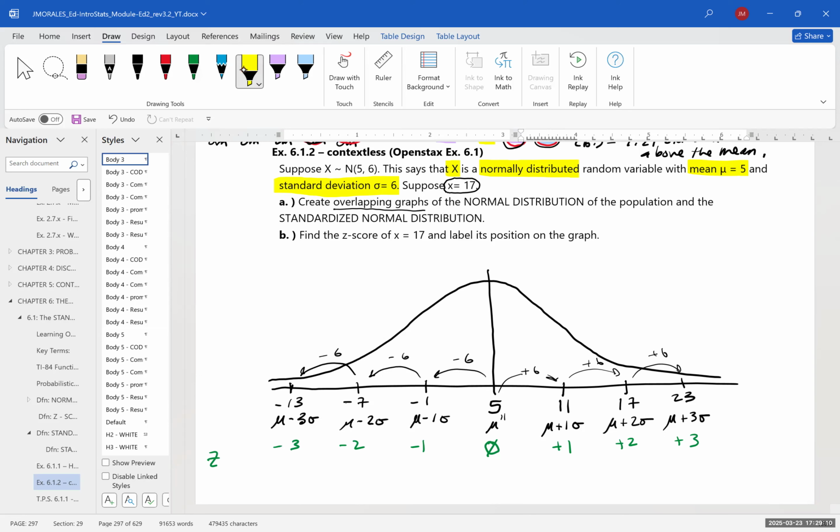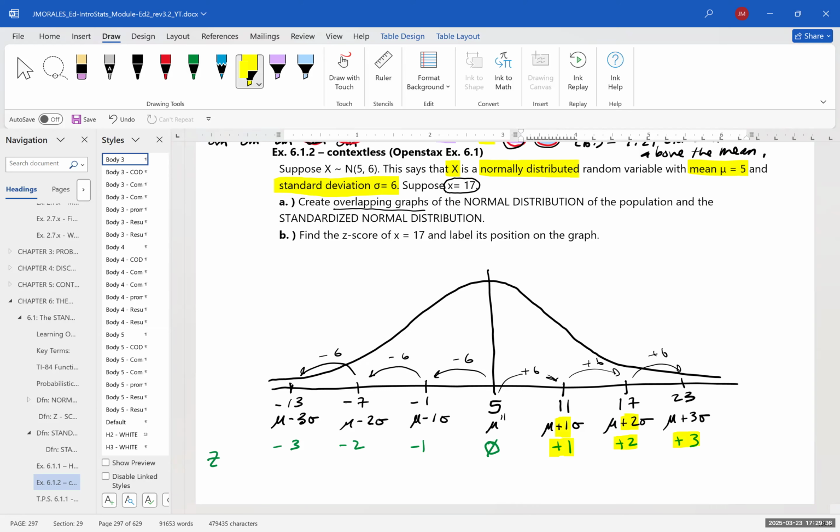So the reason why it's instructive to overlay the normal distribution and the standardized normal distribution is notice where this +1 comes from. It comes from the number of standard deviations above the mean. Look at where this +2 comes from. It comes from the number of standard deviations above the mean.